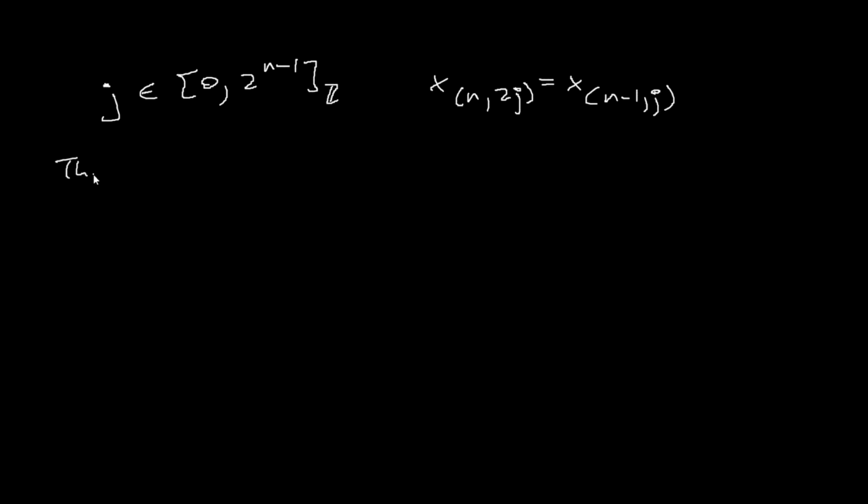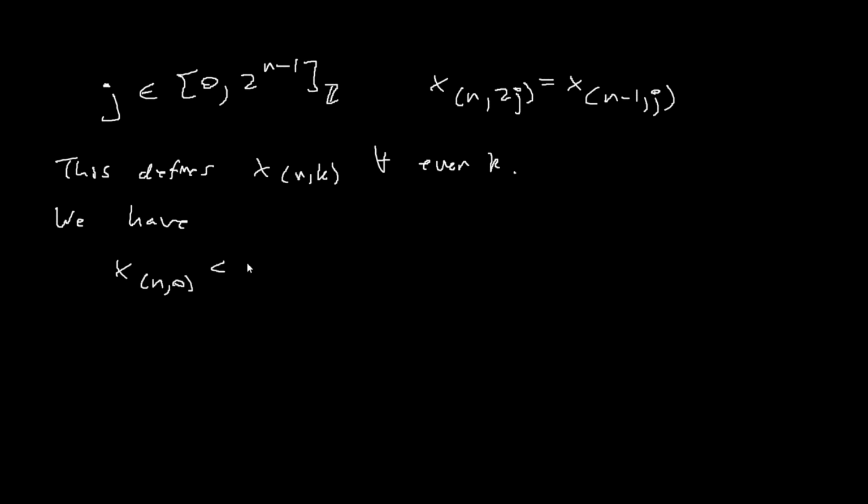This defines x_{n,k} for all even k. And by the inductive hypothesis, we have very straightforwardly x_{n,0} is less than x_{n,2}, and that goes all the way up to x_{n,2^n}, like this.